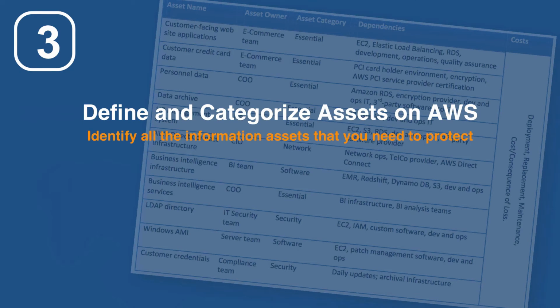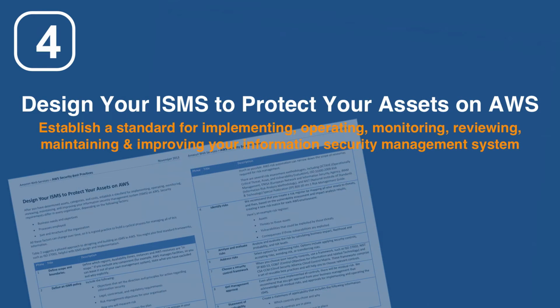So you want to have a look at assets in both of those categories and make sure that you fully understand the landscape that you're working with before you start with the next part, which is designing an information security management system that will protect those assets. So establish a standard for essentially implementing and operating that security management system, which is going to protect those assets in accordance with their value.